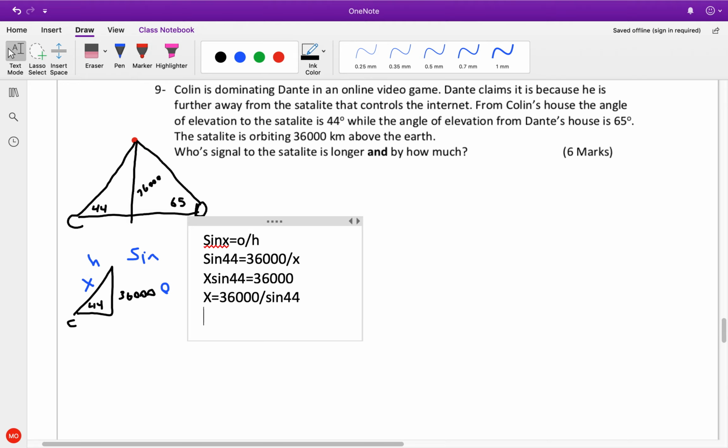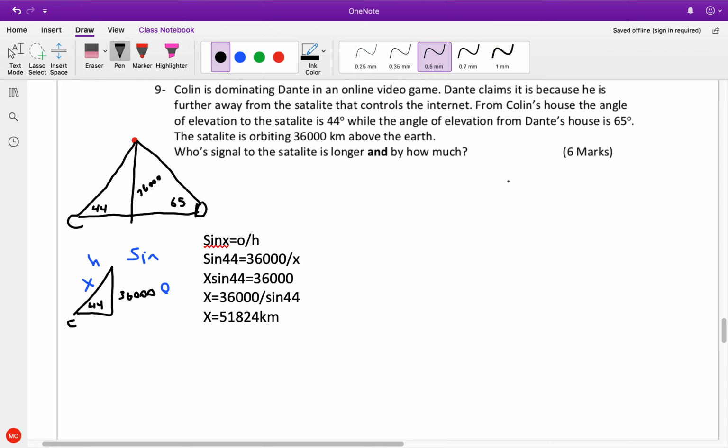If you notice, when you have that set up where it says sine 44 and your unknown on the bottom, those two are just going to switch spots. So x equals 51824. So that's how many kilometers Colin's away from the satellite.